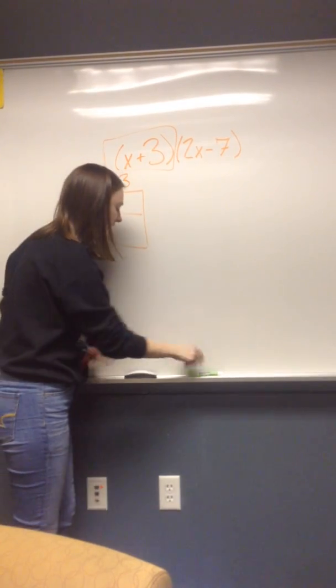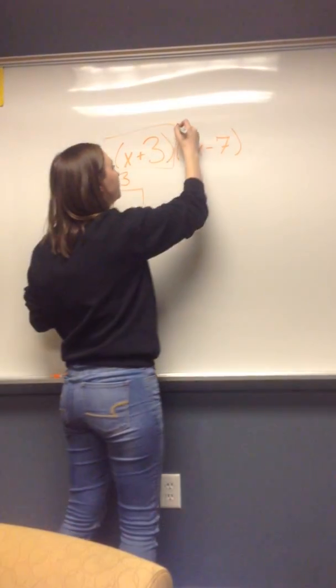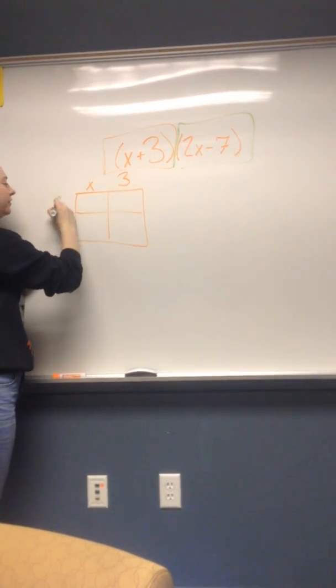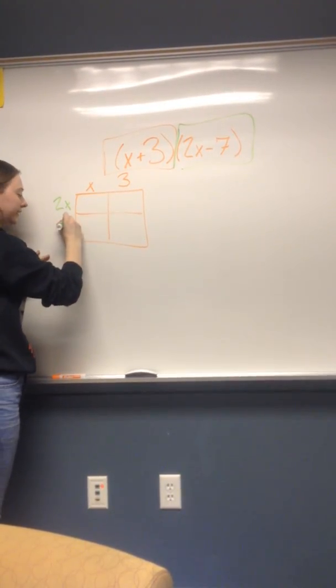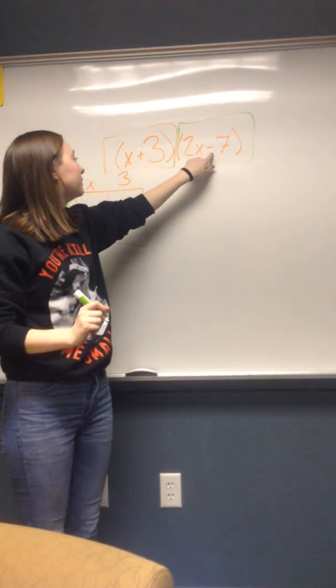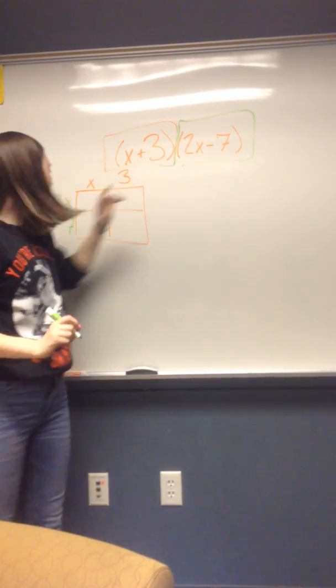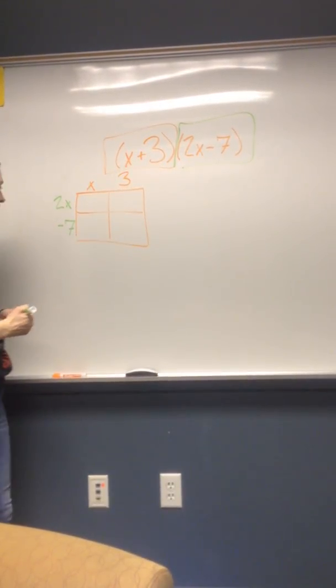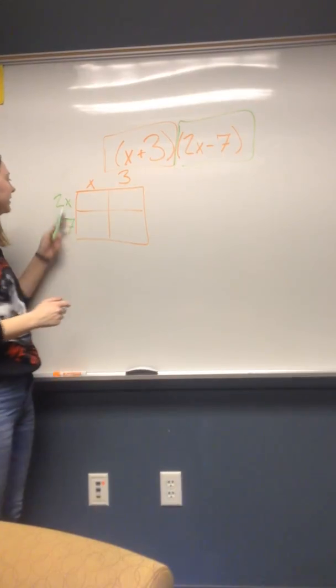And then I use a different color for the other expression, and we're going to put it over here. So 2x minus 7. The reason we took this minus here is because this makes it a negative 7, and we just want to make sure that we get the negative along with it. Alright, so we'll go ahead and multiply these together.